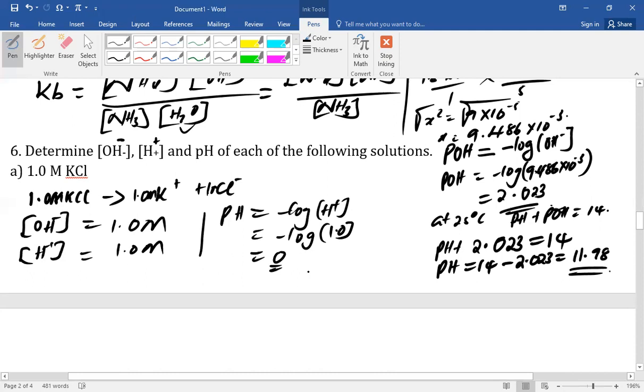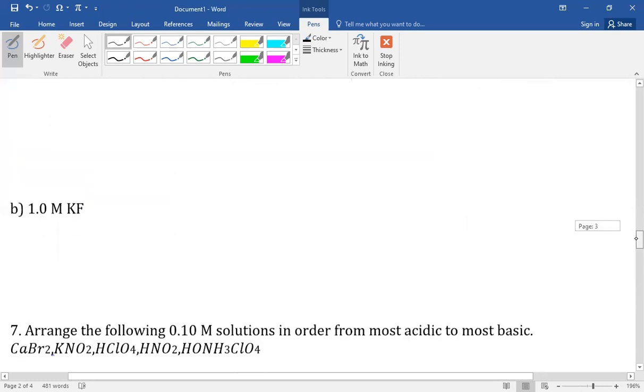Then what is the pH of the other one? The pH of the hydroxide ion is going to be 14 minus the pH of the hydrogen ion, so it's just going to be 14. So there's no need to find the pOH.